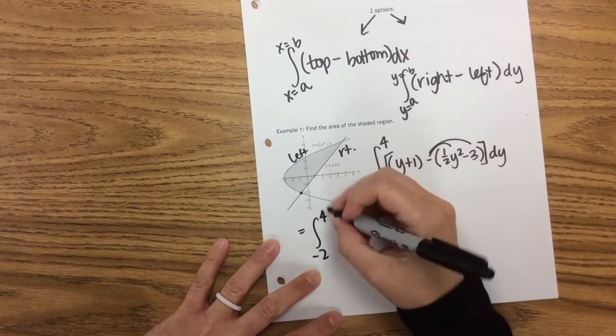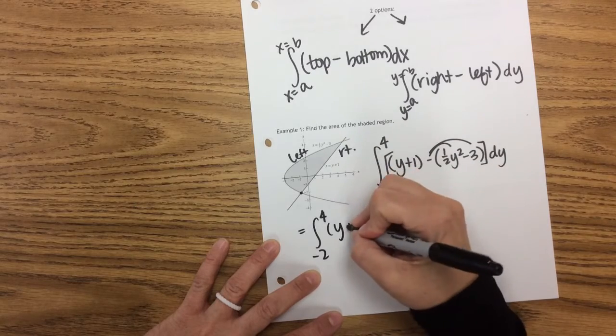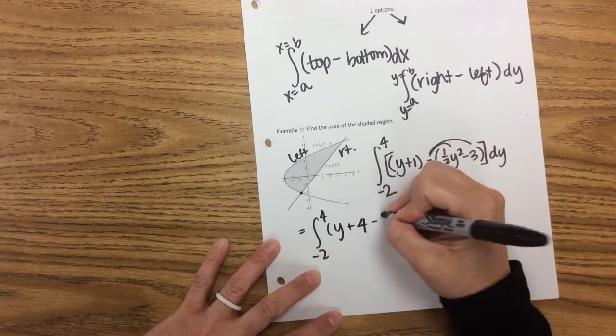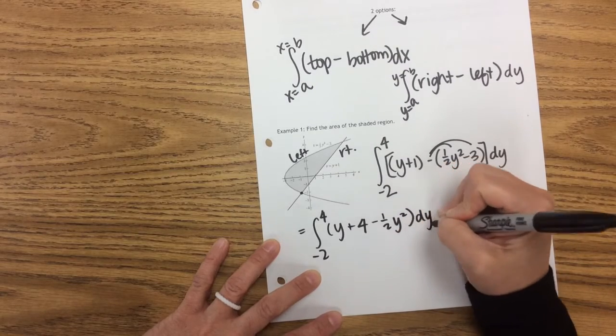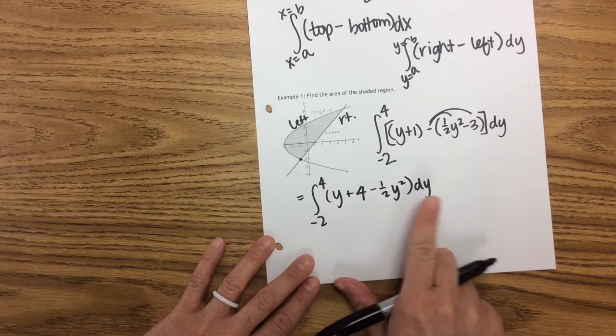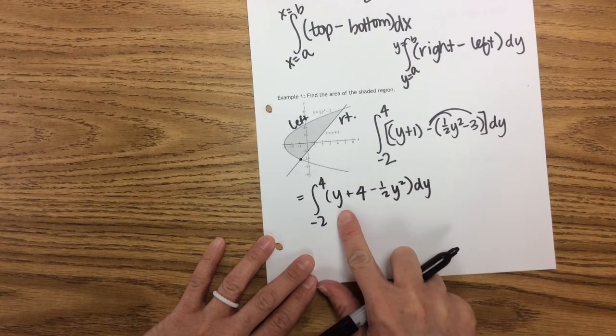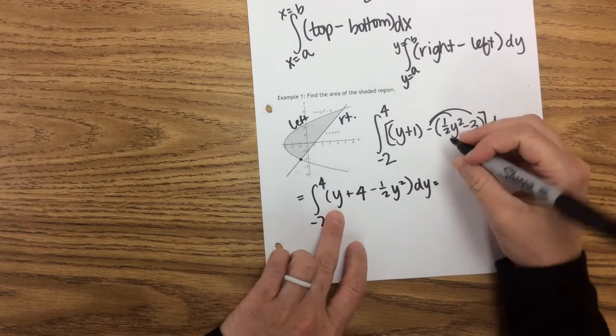So I'd have y plus 1 plus 3, which is plus 4, minus half y squared. And this would be my problem now, and I'm just going to integrate with respect to y, which means I'm working in terms of y with y, so I don't have to do anything really different.